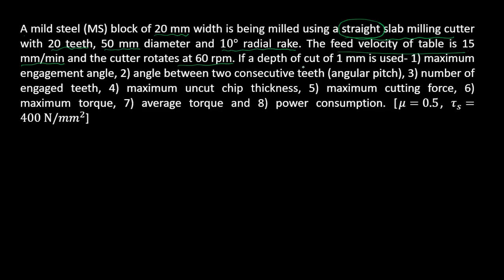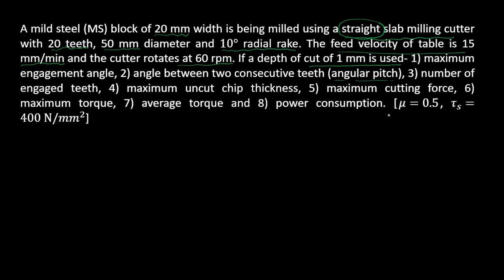If a depth of cut of 1 millimeter is used, then we have to find first the maximum engagement angle, then the angle between two consecutive teeth, also we can say the angular pitch, then the number of engaged teeth, then the maximum uncut chip thickness, maximum cutting force, maximum torque, average torque, and power consumption in this milling operation.